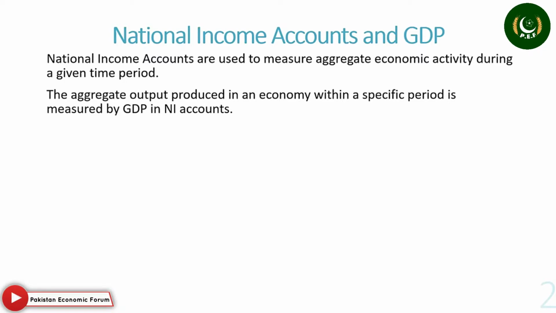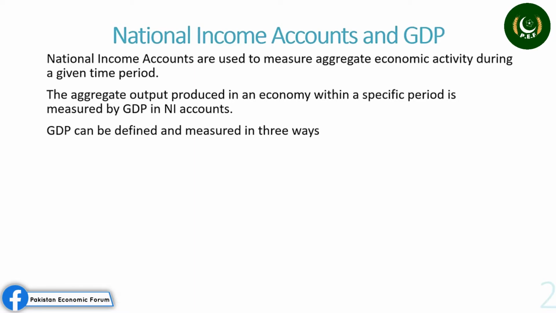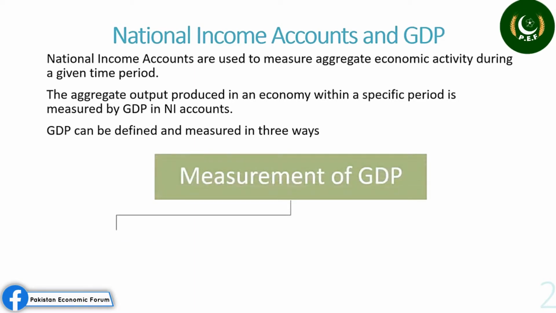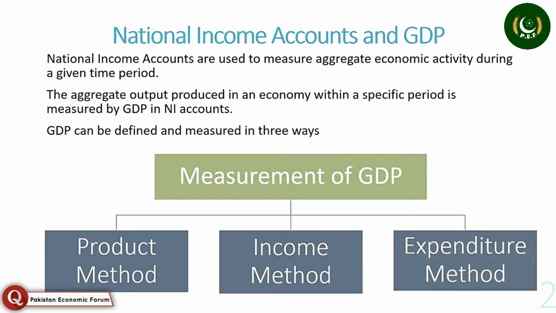The GDP can be defined and measured in three ways. One, the product method. Second, the income method. And the third is the expenditure method. Today, we shall go through all these three methods in detail.